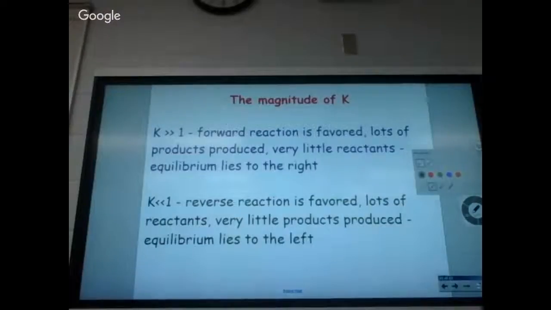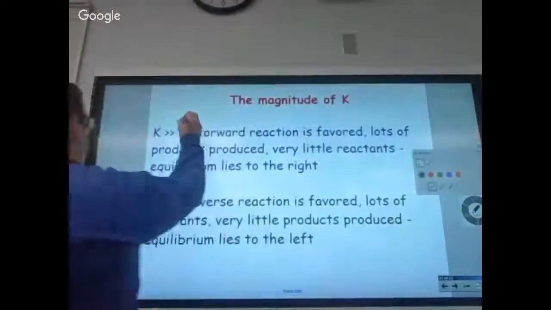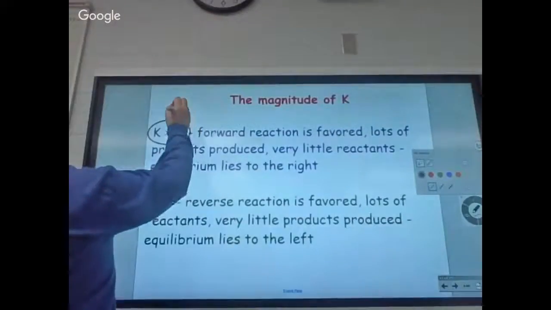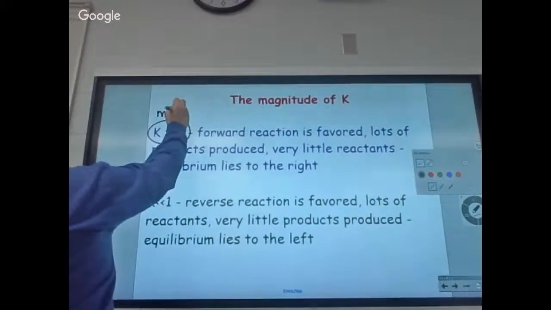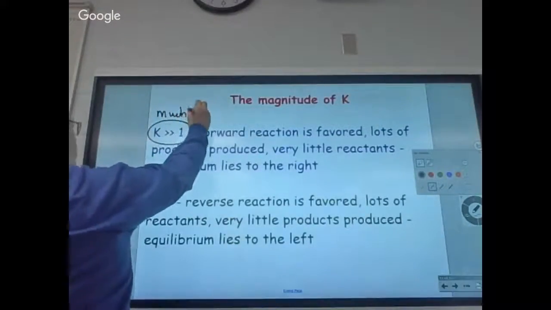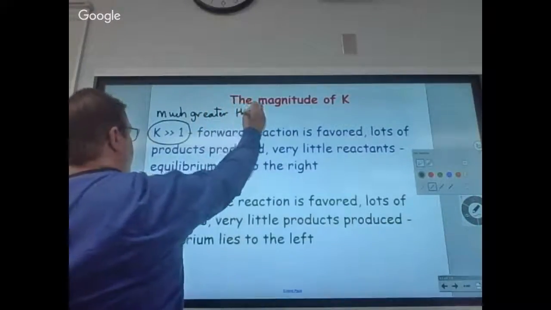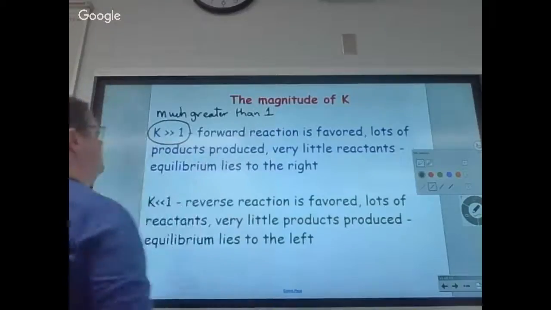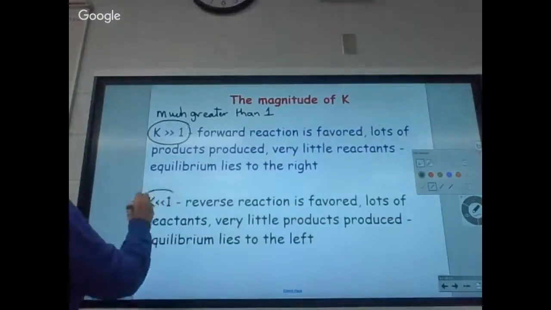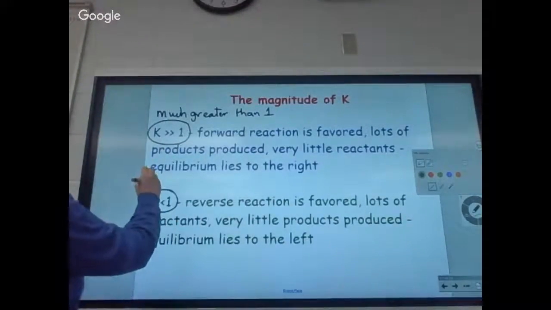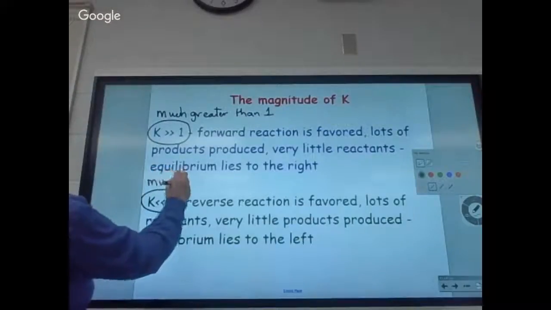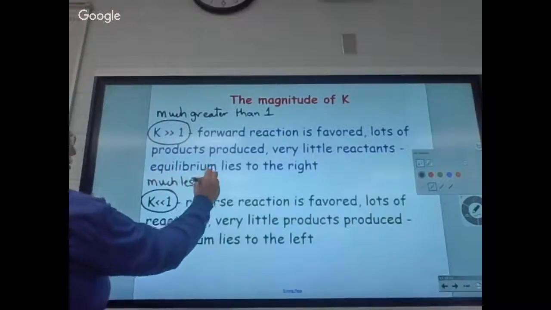Now, K can be 3 things. K can be much greater than 1, when you use 2 greater than signs. K with 2 greater than signs means much greater than 1. K with 2 less than signs means much less than 1.